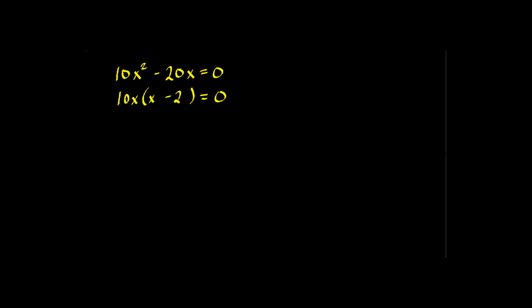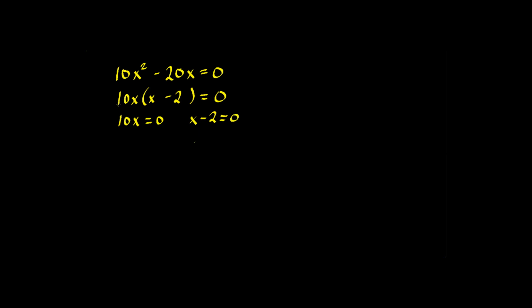So now that our polynomial is factored, we can use a property called the zero factor property to set each of these factors equal to 0 in order to solve. So first I'm going to set 10x equal to 0, and then I'm going to set x minus 2 equal to 0.